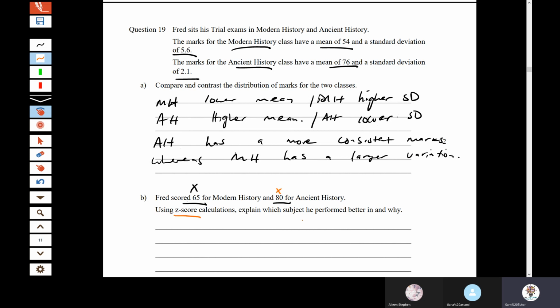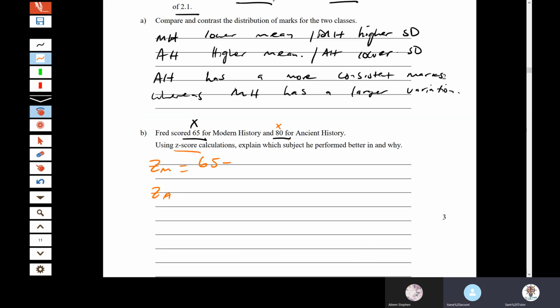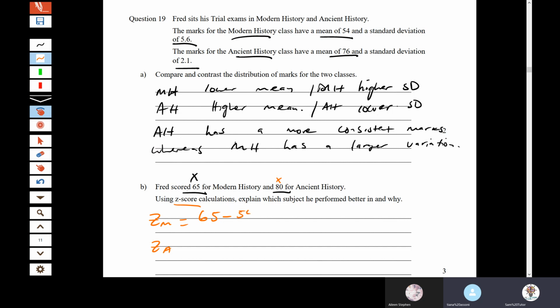All right, using z-scores, explain which subject he performed better in and why. So let's see. Z-score for modern, Z-score for ancient. Does anyone remember the formula? X minus the mean over the standard deviation. That's it. And then for ancient, it would be 80, take away the average, over 2.1.